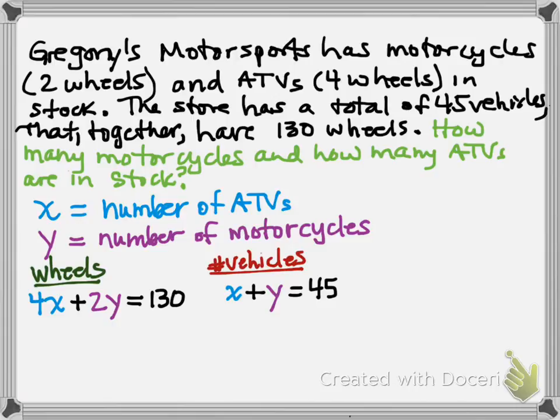Okay, so my job is to now graph these. Now, these are both written in standard form, so I think I'm going to use intercepts to help me solve this one. On the first one, we're going to do 4x equals 130, divide by 4, and we get x equals, let's see, 4 goes into 13 3 times with 1 left over, and 4 goes into 10 twice with 2 left over, and 2/4 is the same as a half.